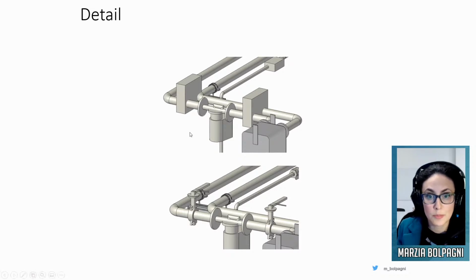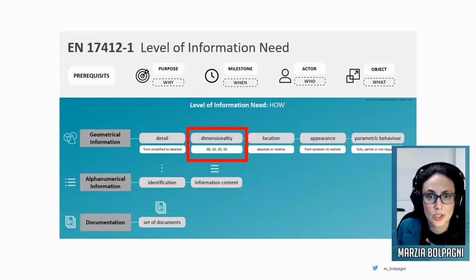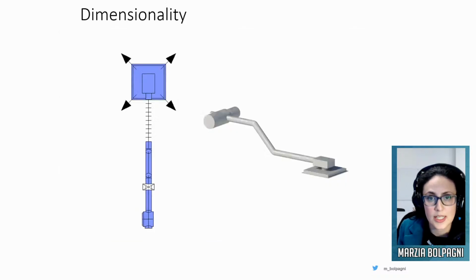You need to be more specific, so the people that then create the model know exactly what should be created. The dimensionality, as I said, especially in infrastructure, we find that still some elements are modeled as a line, but actually are lines that are parametric objects, so that can be measured, for example, or counted.